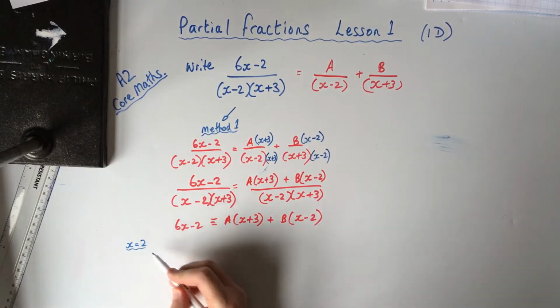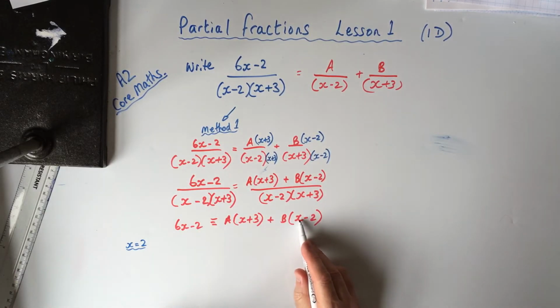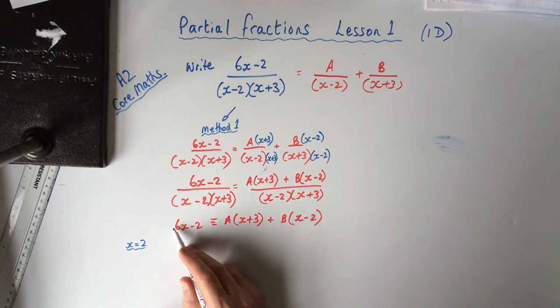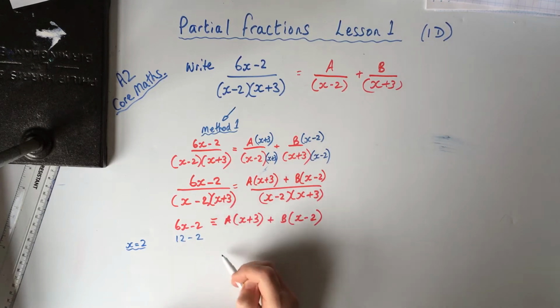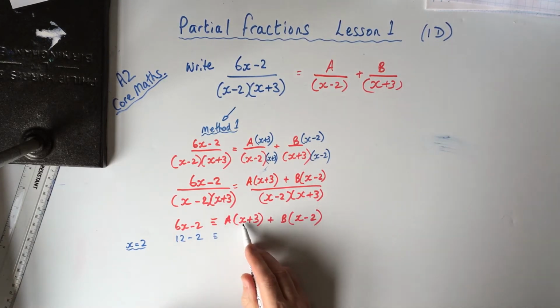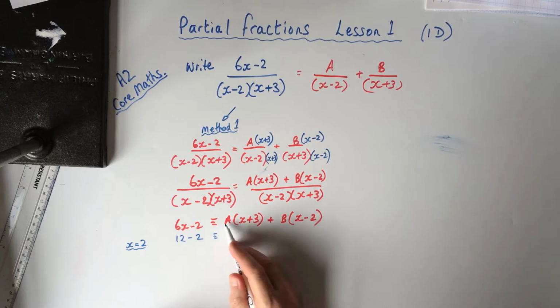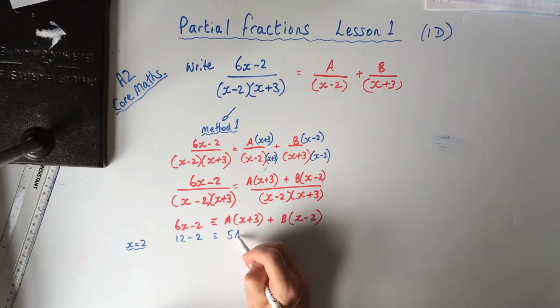The reason I've chosen 2 is because 2 minus 2 is 0. So if that bracket is 0, then b is 0 as well. And when x is 2, on this side we get 6 2s are 12, so 12 take away 2, and x is 2, 2 plus 3 is 5, so we would get 5a, wouldn't we then?